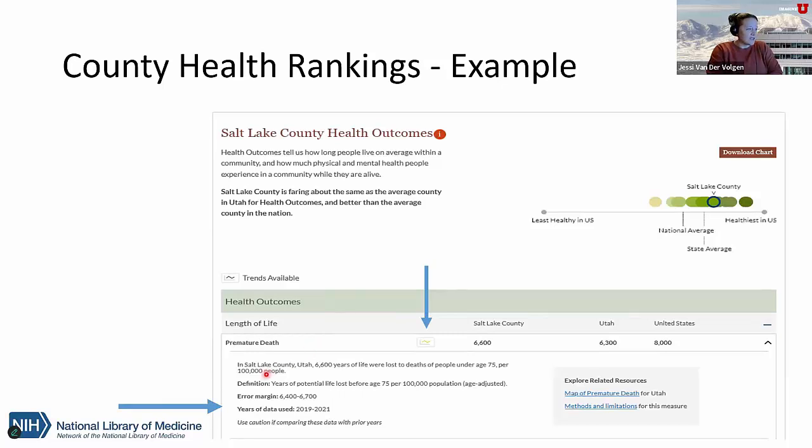You'll see a definition of what that means. What is premature death? Followed by how recent the data is. You'll also notice this itty-bitty graph icon where you can further explore trends in the metric. And some of the metrics you can disaggregate by race and ethnicity to examine for health disparities.